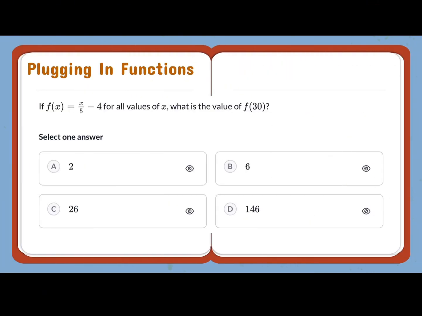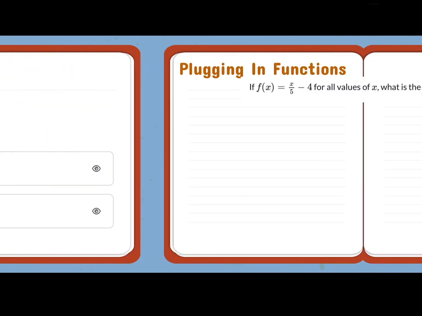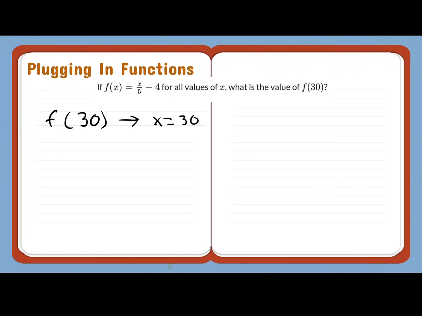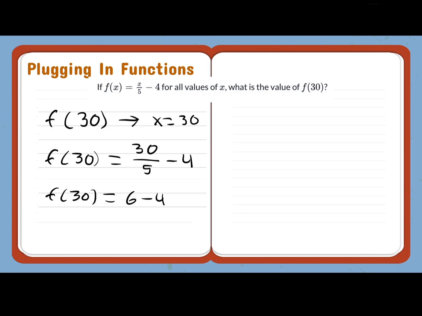Okay, for plugging in functions, you guys will have to understand this notation, f of x equals x over 5 minus 4. So essentially, that just means x equals 30 for this problem. So you plug in 30 for x, you end up with 30 over 5 minus 4, 6 minus 4, f of 30 equals 2.